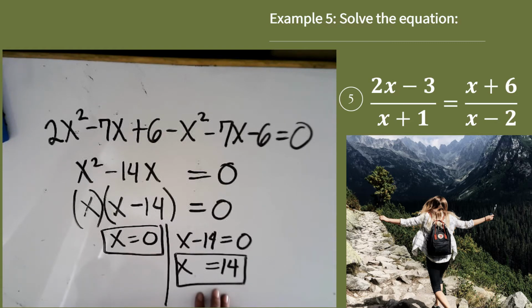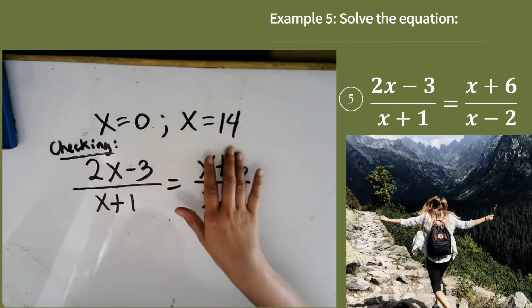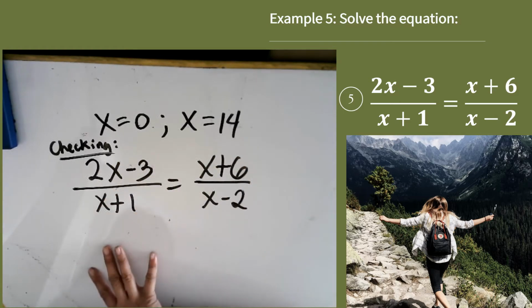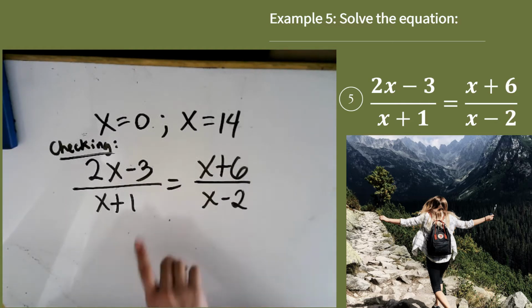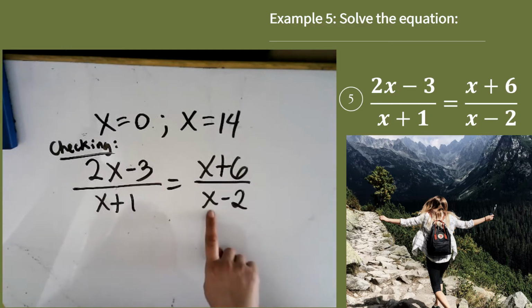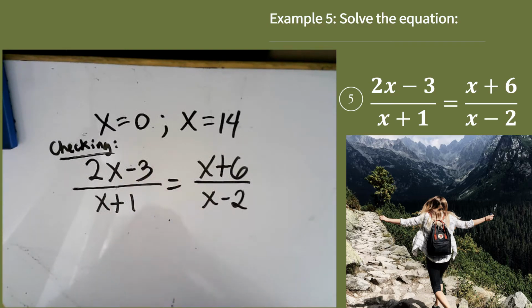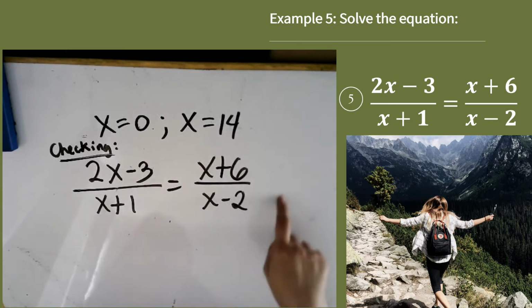Let's check if they are both solution to the equation. So checking, how do we do the checking? We will simply substitute or replace all x's by these values to check if they are the solution to the given rational equation.